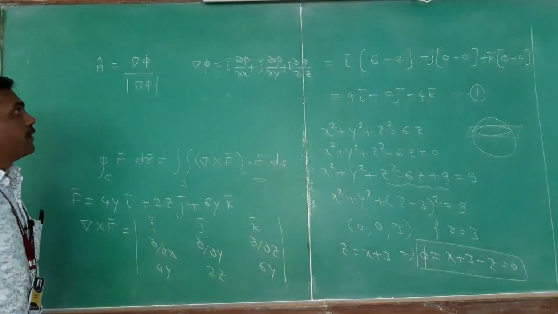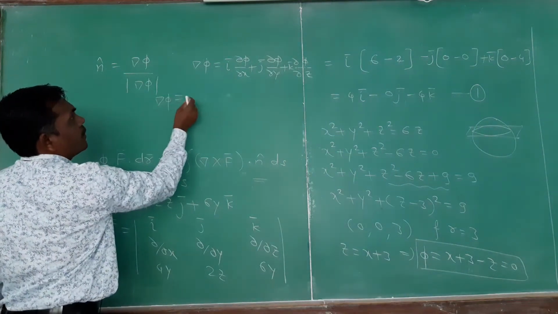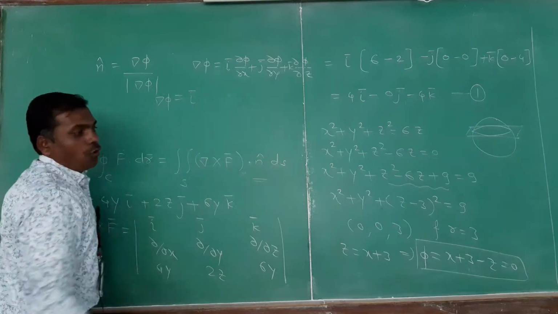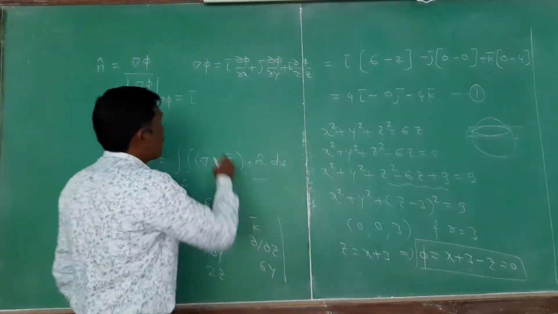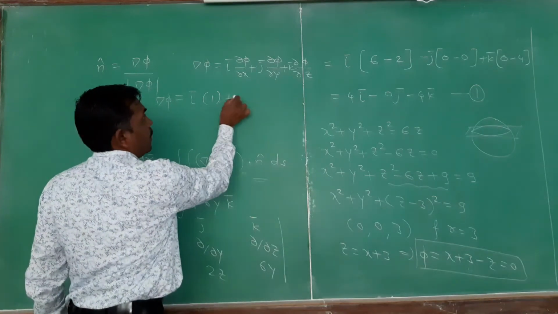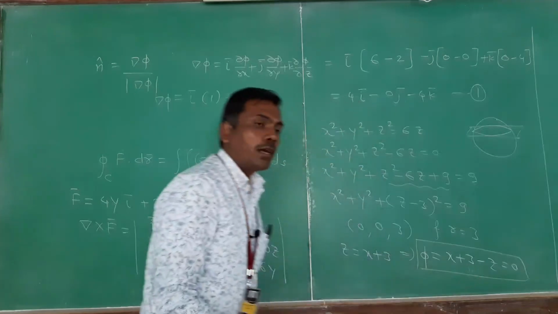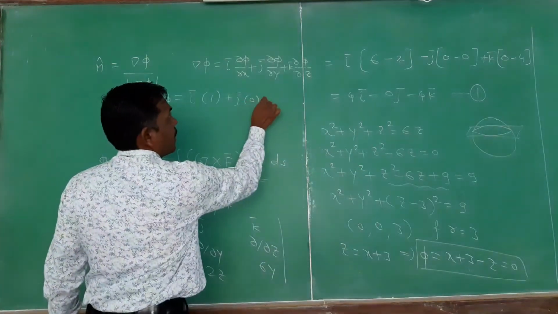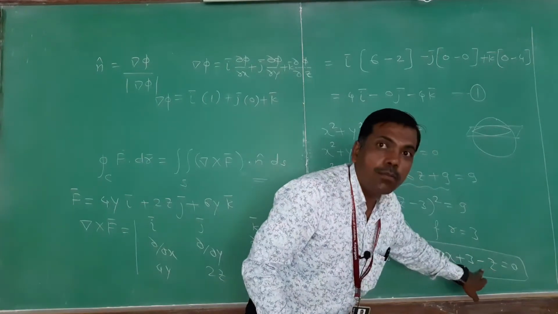So here del phi is equal to i bar dou phi by dou x, which is 1, plus j bar dou phi by dou y. There is no y here, so our answer is 0, plus k bar dou phi by dou z, which is minus 1.